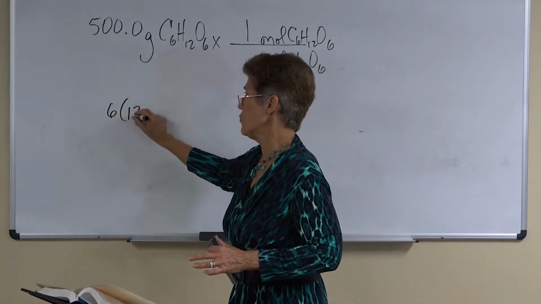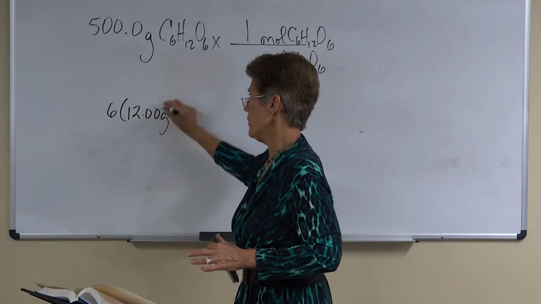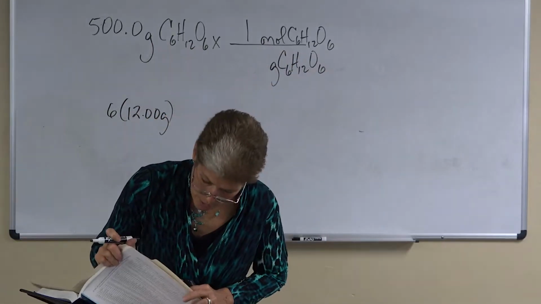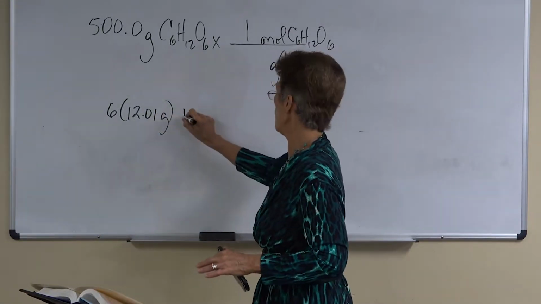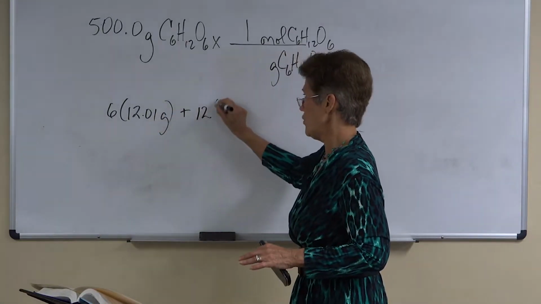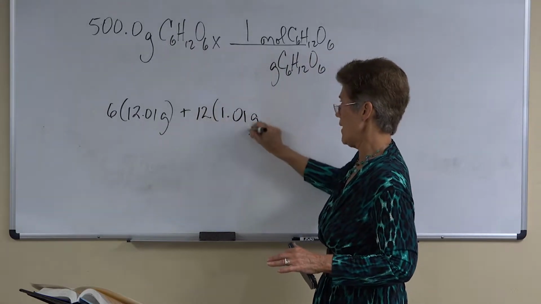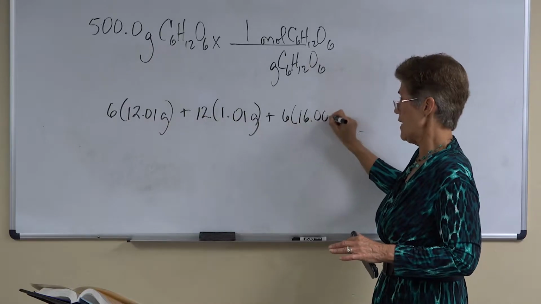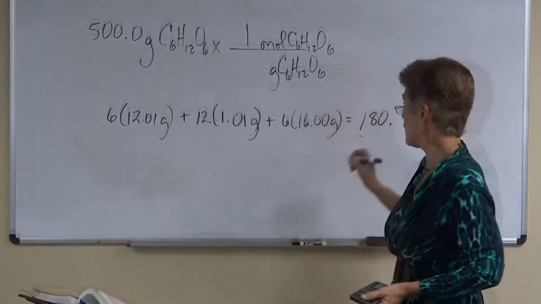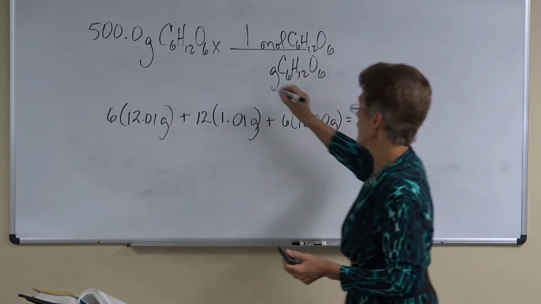You look up carbon and it's 12.00 grams. Just going to make sure. Oh, it's 12.01. There you go. Plus 12 hydrogens. You look that up. It's 1.01 grams. Plus 6 oxygens, which is 16 grams. That gives us 180.18.